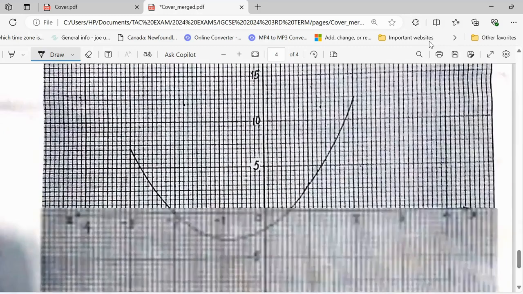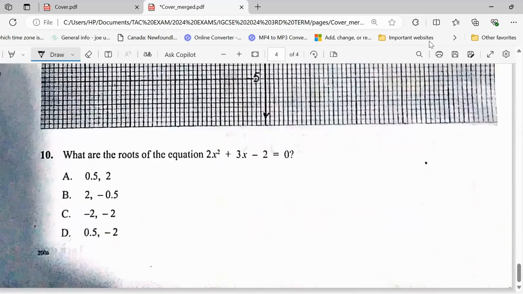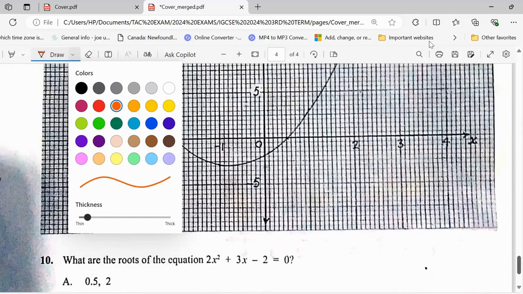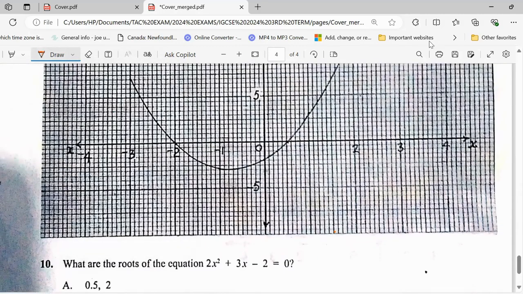But for question 10, we are looking for the root of this equation. We can actually get it by looking at this graph. When you're looking at this graph, the root of this equation is the intersection here on the x-axis. That will be the root of the equation.